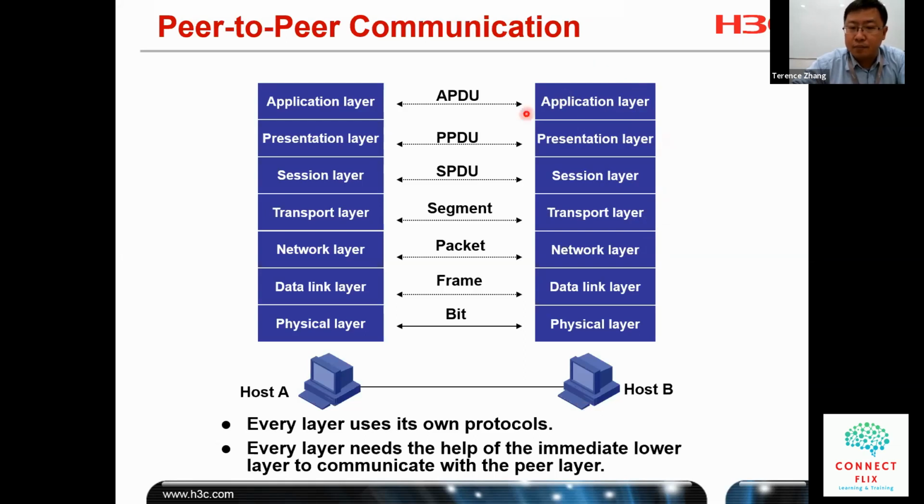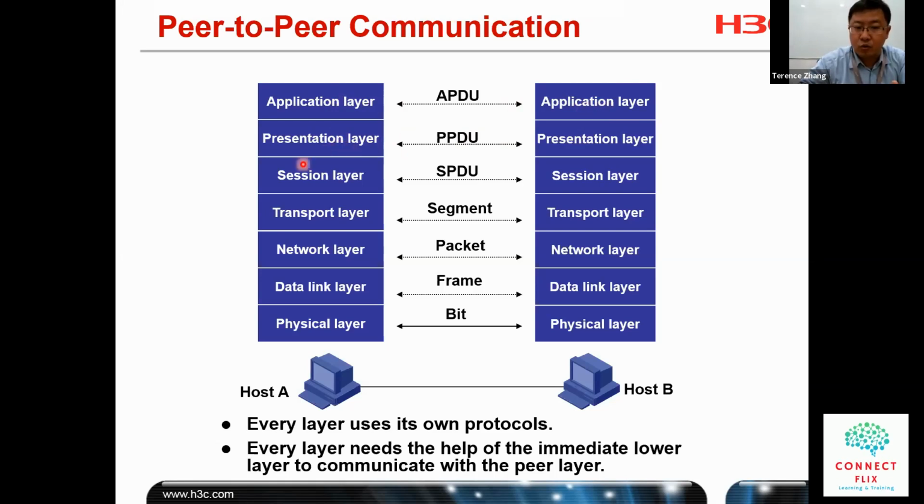Okay, this is how the peer-to-peer communication finishes one job, to send an email, right? So we can see all the layers communicate with each other on their own layer. For example, Outlook sends an email, the Outlook application receives the email, right?